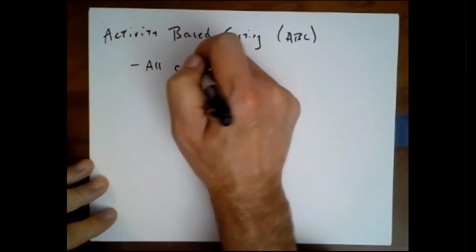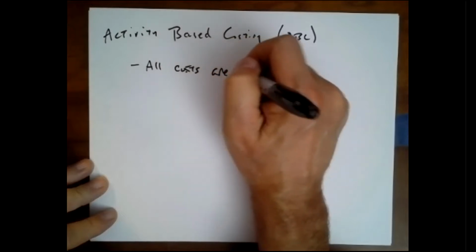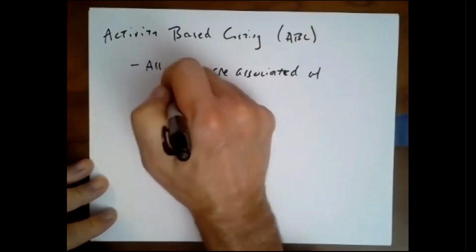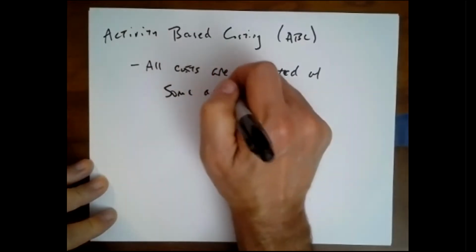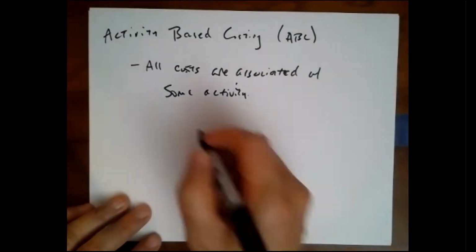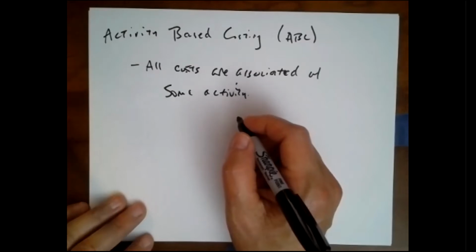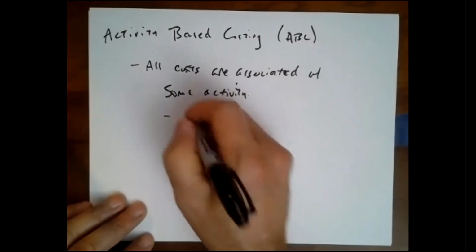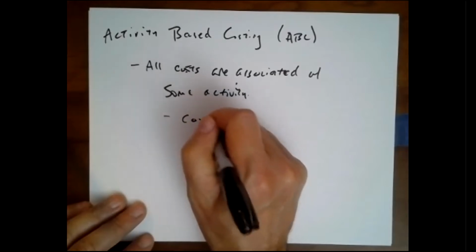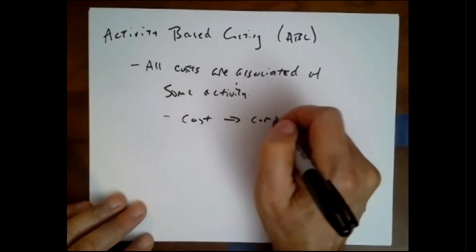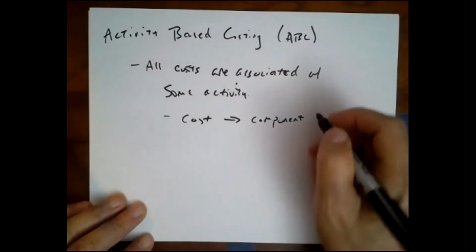So all costs are associated with some activity, right? And so we try to identify the cost of each component of the activity. So we try to tie a cost to a component of the activity, or component activity.